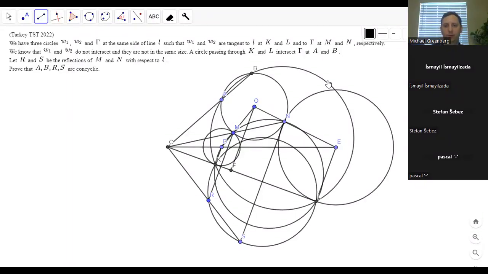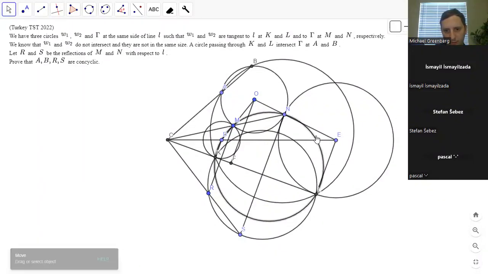Yeah, we will do stuff with powers once we show that this is cyclic right here. Hold on just a moment.